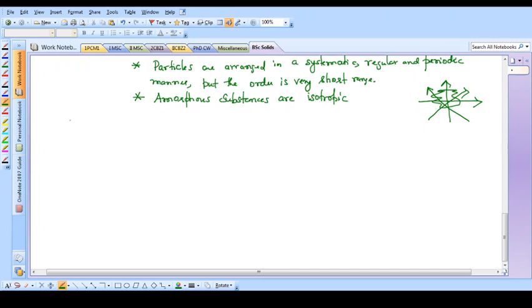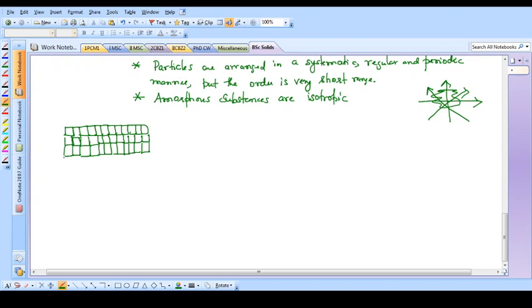Okay, so let me use a schematic approach to tell you what is the meaning of long range order and what is short range order. Suppose I have certain blocks of solid kept very close to each other, something like this. You can see that the arrangement of these solid blocks is very systematic, very regular and very periodic. What do you mean by periodic?